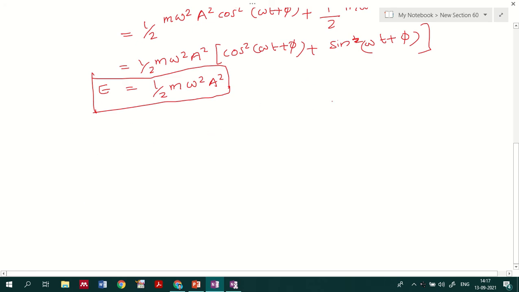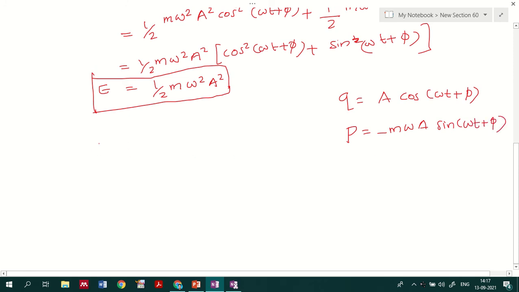Now we already know that Q equal to a cos(omega t plus phi), and we know that P equal to minus m omega a sine(omega t plus phi).